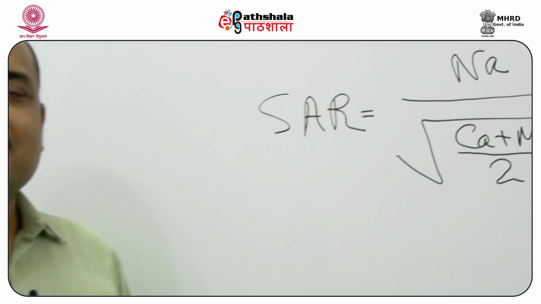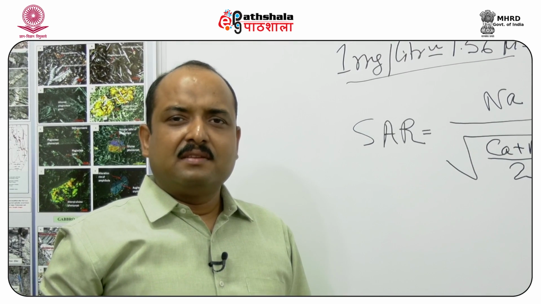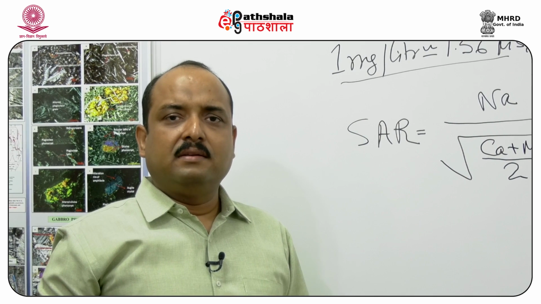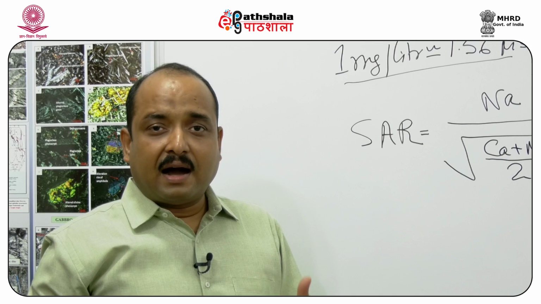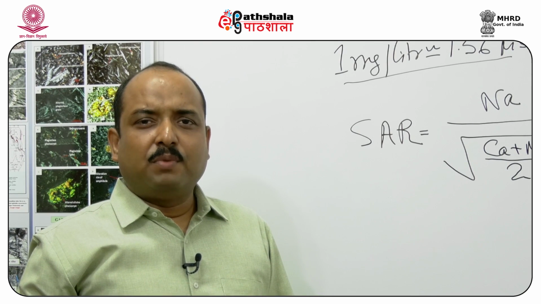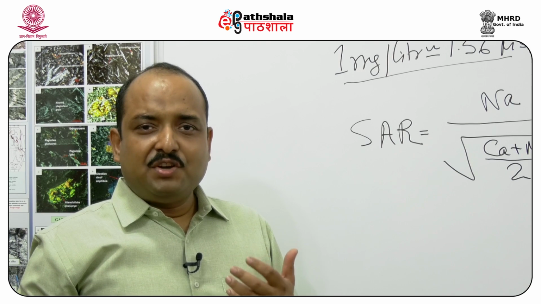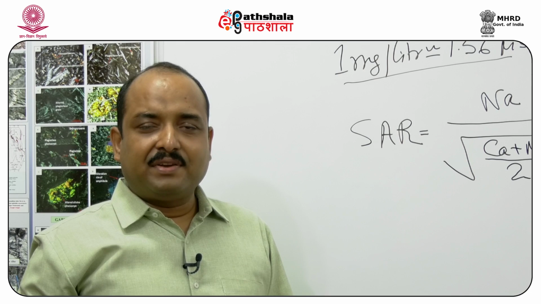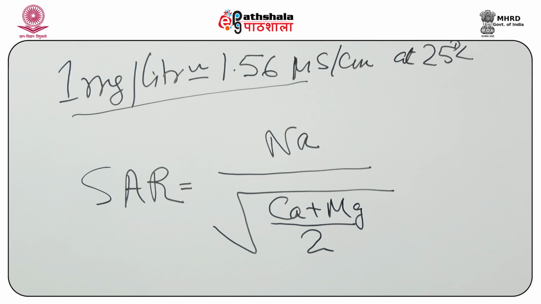Then what is specific ion toxicity? Some ions like chloride, sodium, boron, if they are in very high concentration, they harm the crops. Boron is very famous for that, and thus you need to assess the quality of irrigation water so that these ions are in desirable limits.